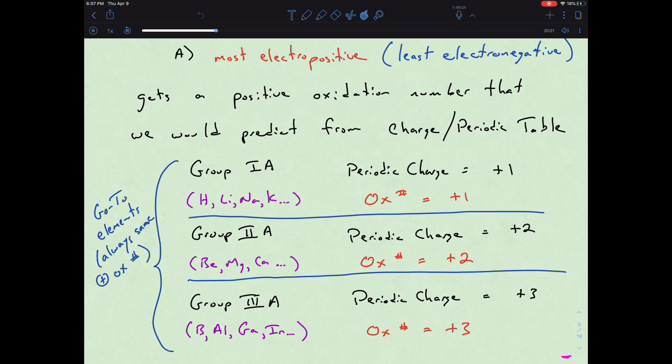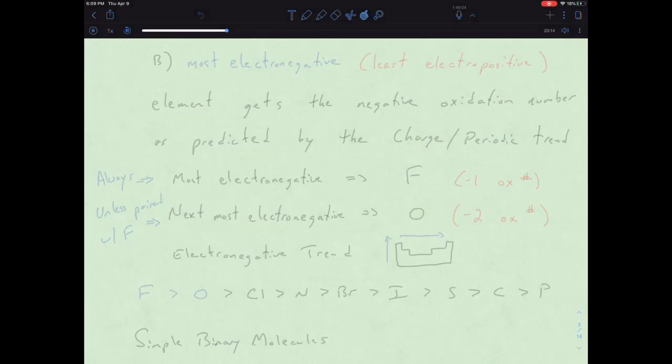So in molecules, we have that aspect, right? The first part of a molecule is that most electropositive element. The second part of the simple, binary molecule would be now the most electronegative, or least electropositive element.